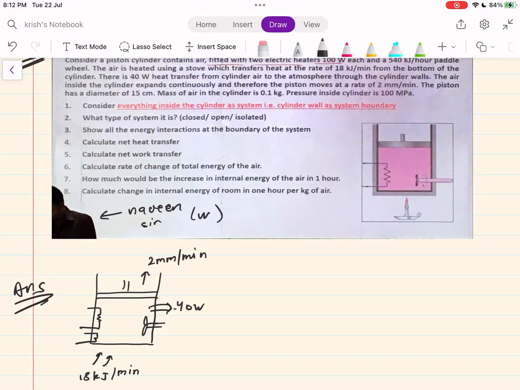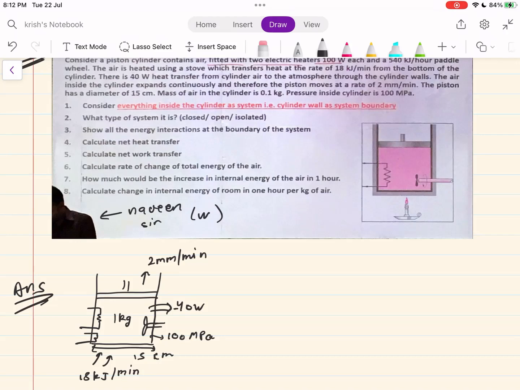The piston has a diameter of 15 centimeter. Okay, this is a really tricky question. Mass of the air in the cylinder is 1 kg. Pressure is 100 megapascal. Consider everything inside the cylinder as system, i.e. cylinder wall as system boundary. What type of system is it? Okay, we cannot say it is an isolated system because clearly energy transfer is occurring through the walls, right?